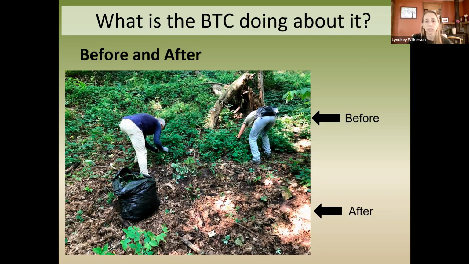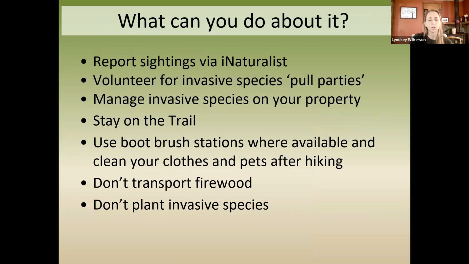They're like the Energizer Bunny, so they just keep going and going. And it can take a lot of effort to work through these, but the more that we are all on top of participating in these stewardship projects, the easier it is to maintain things along the trail. Mara?